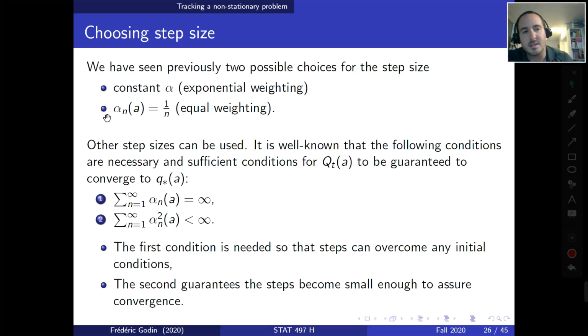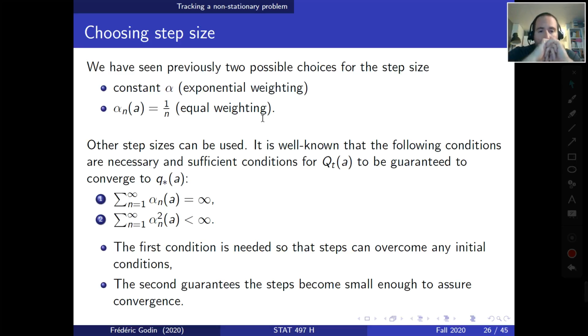This entails considering a step size of 1 over n. Or we could consider a constant step size alpha, and this entailed putting exponentially more weight on more recent rewards. So these are two possible choices. There might be many other possible ways to select the step size.